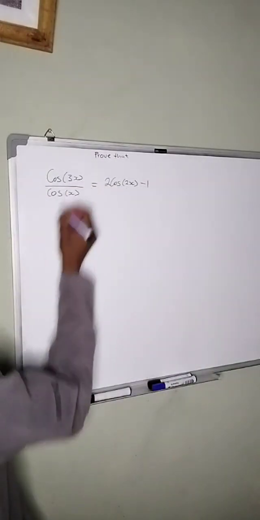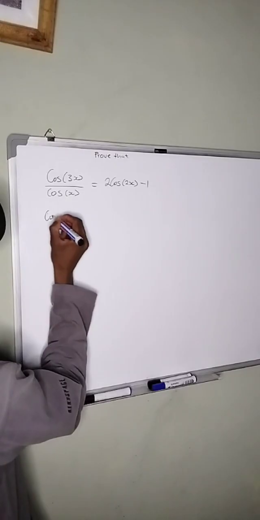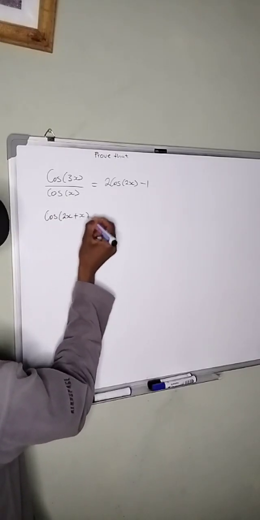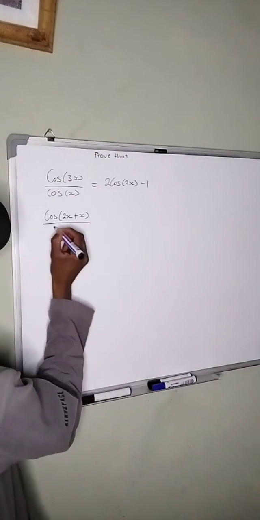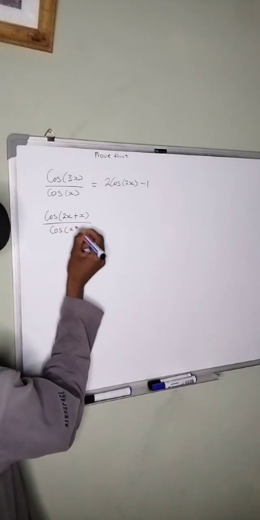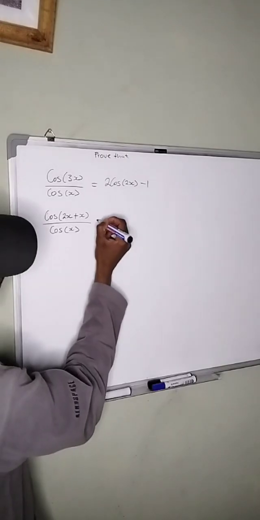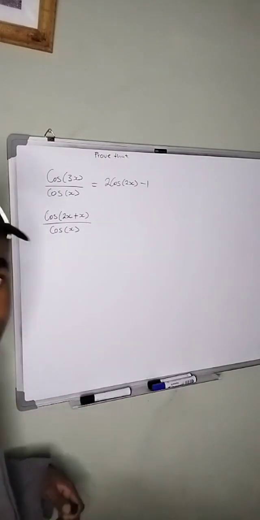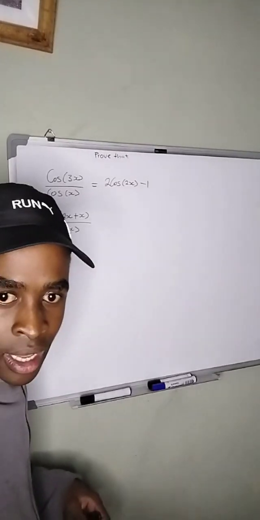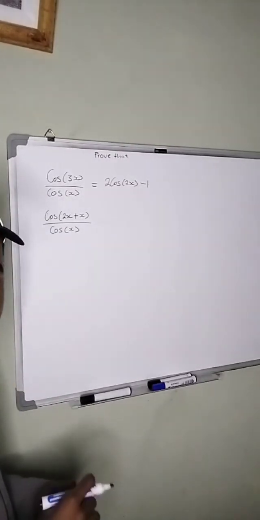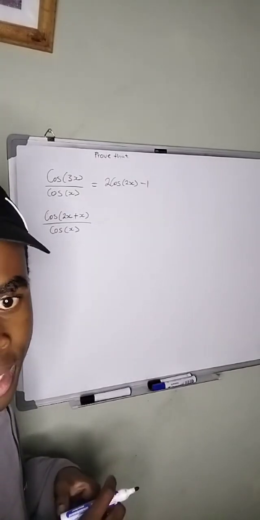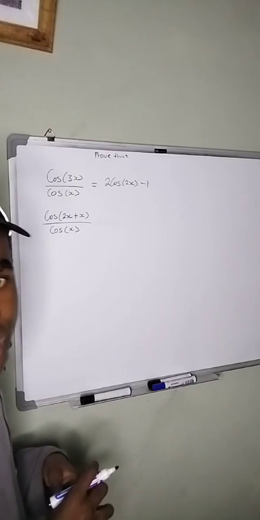So we are going to say cos of 2x plus x, all divided by cos x, which is going to be equal to the right hand side. You're going to prove that your left hand side is the same as the right hand side.